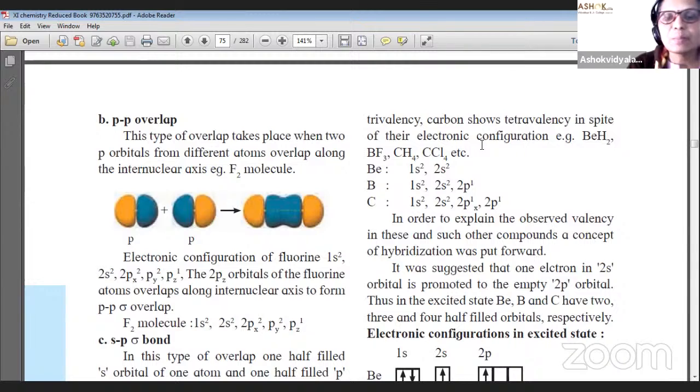Some new concept is required to explain this, and that is the concept of hybridization. Hybridization was put forth to explain the formation of such complicated molecules: BeH2, BF3, CH4, CCl4, etc. So we'll see one by one how the formation of BF3, CH4 can be explained.